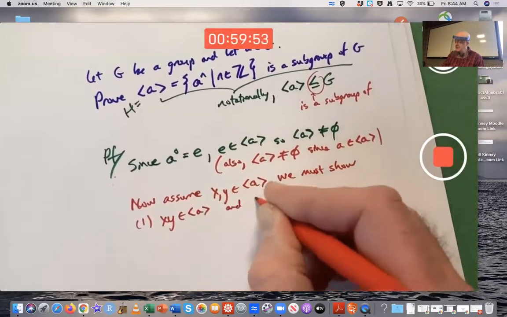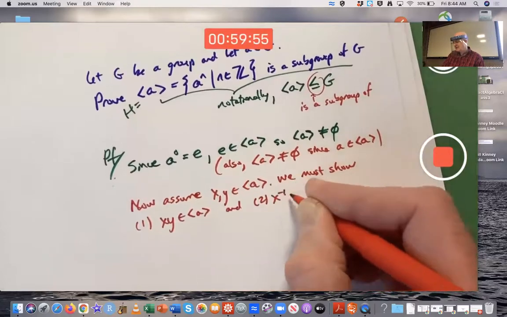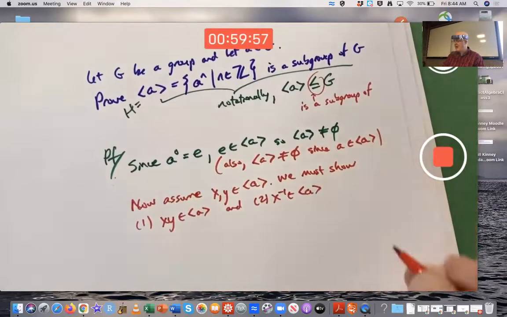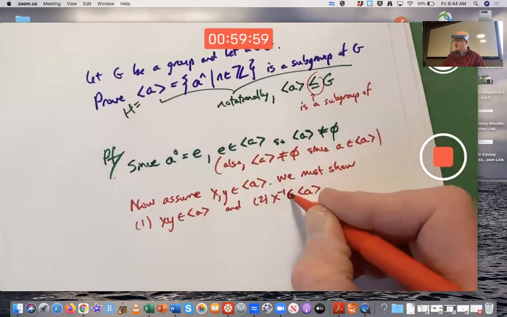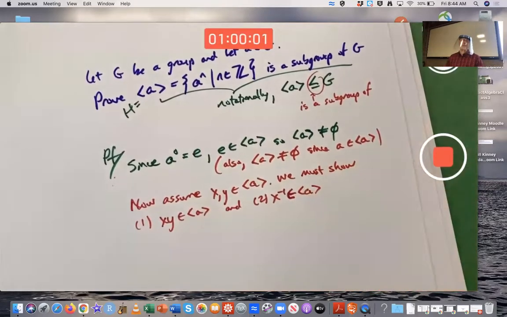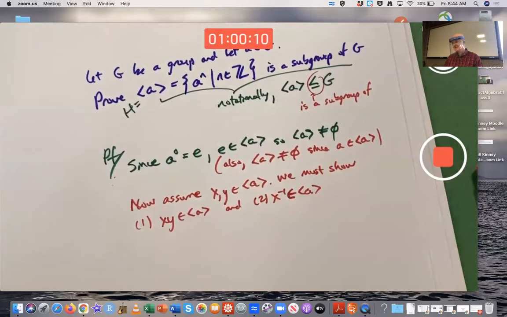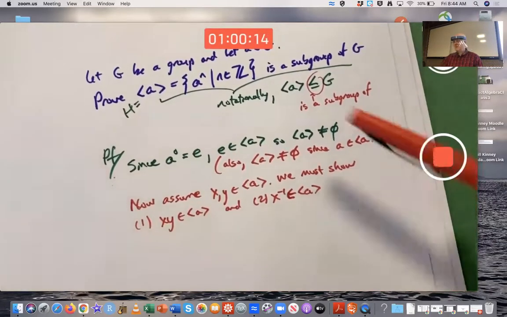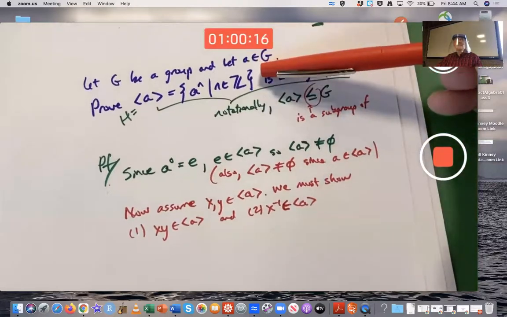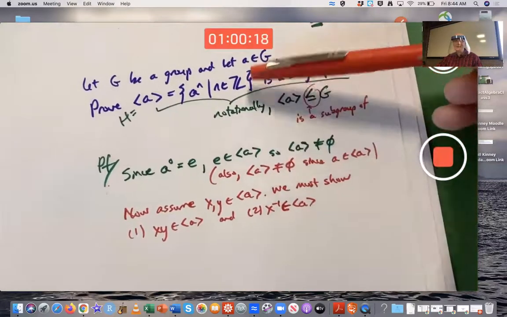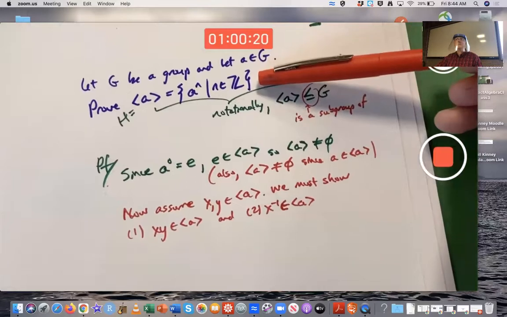And two, X inverse is in there. Or Y inverse is in there. It doesn't matter since those are arbitrary symbols. Got an idea what to do here? You have to use what this symbol means here. That's relevant.